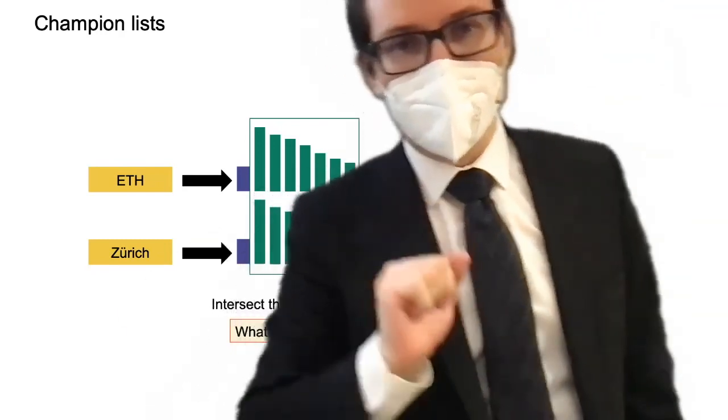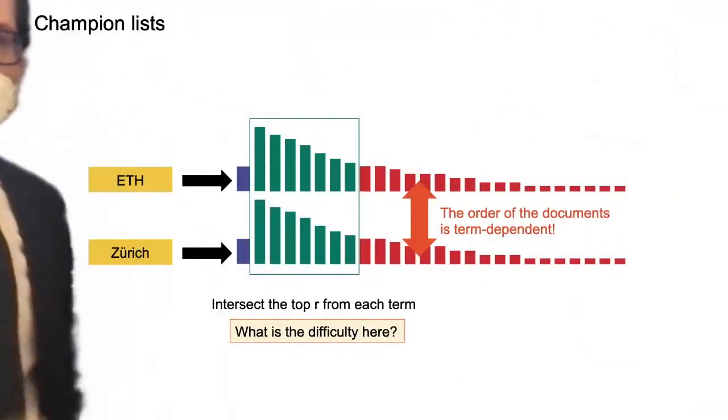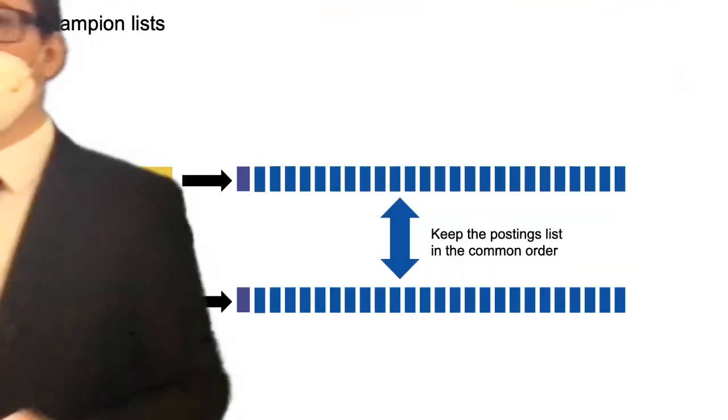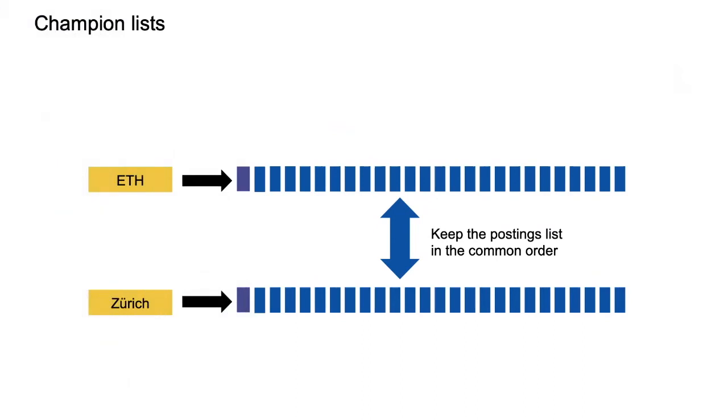Yeah, all right. And that's because the order of the documents depends on the term. So in order to fix that, you can just come back on your decision and not sort the documents by term frequency. You keep the original order. You keep sorting them by document IDs. So then the union algorithm is going to work.